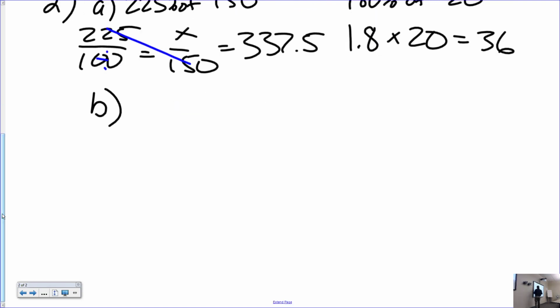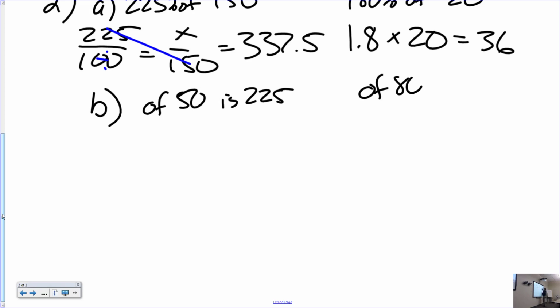Part B. Of 50 is 225, or you had of 80 is 120. Find the percentage. Again, the key to this one is that the of is the smaller number.